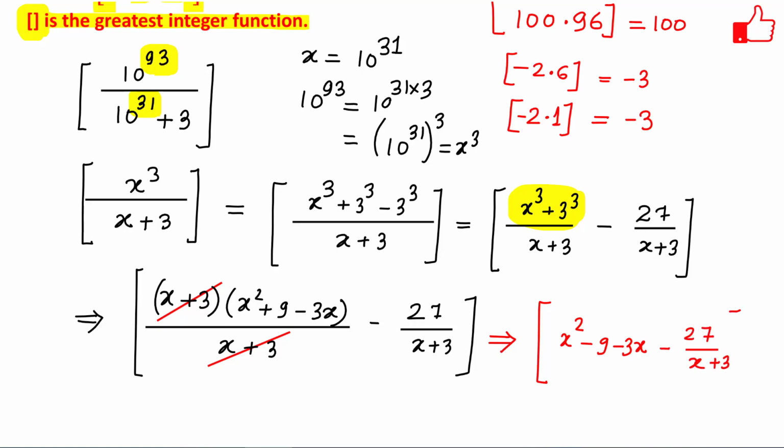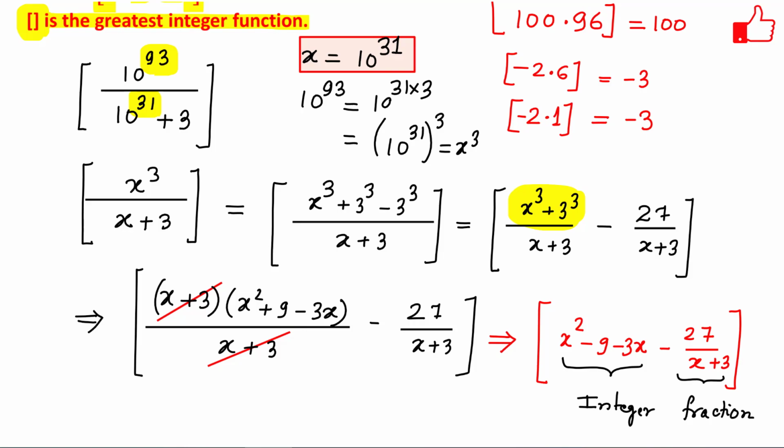Now x is a large number. x is 10 raised to the power 31, a very large integer. So this quantity is basically an integer, and this will be a fraction because it is 27 divided by a very large number. So this is an integer, or you can say this is a number, and this is a fraction.